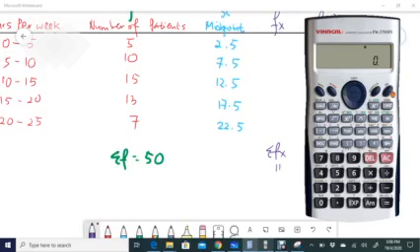Always remember to key in your x first. You go for mode twice, go for SD first. After that you can start to key in: 2.5 shift comma, shift comma 5 M plus.